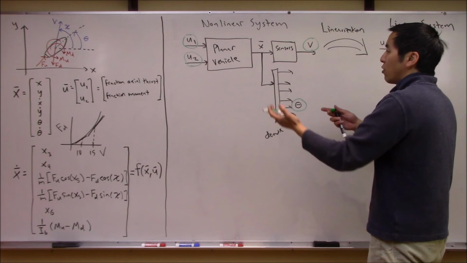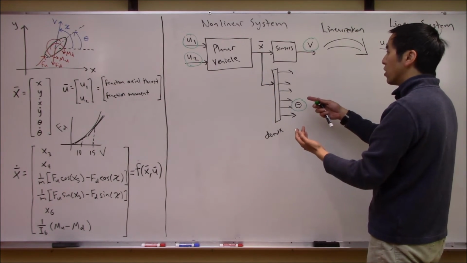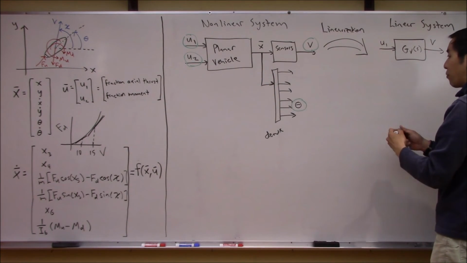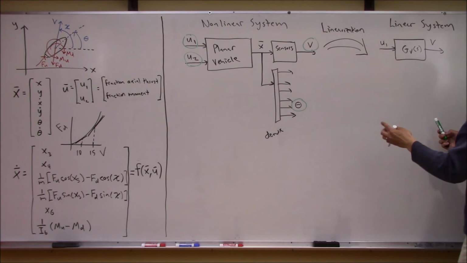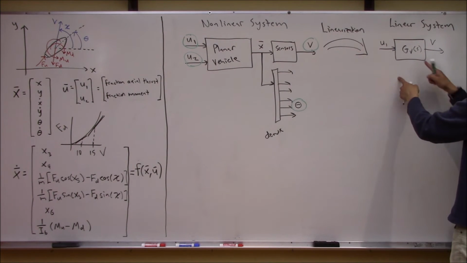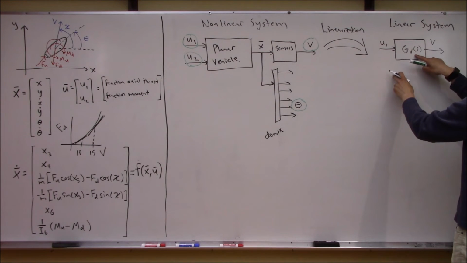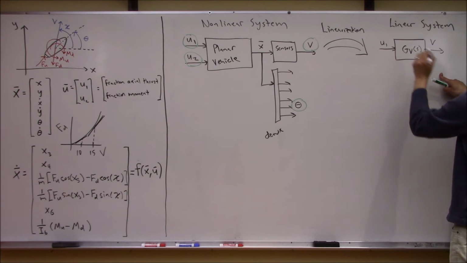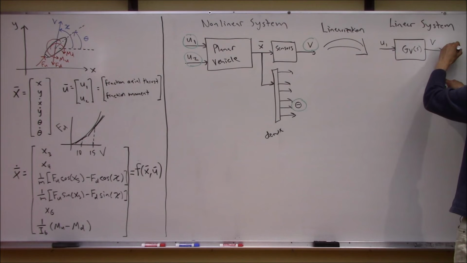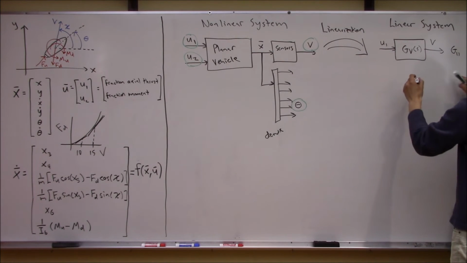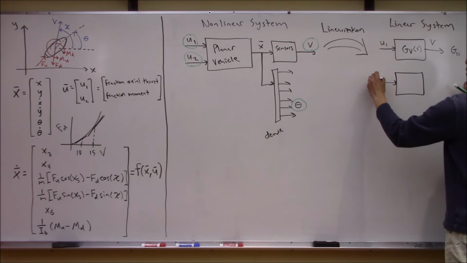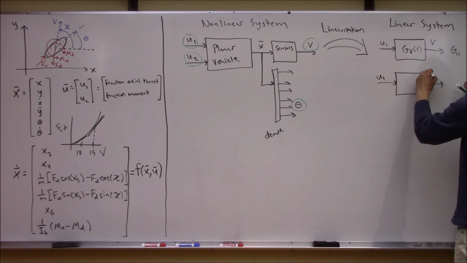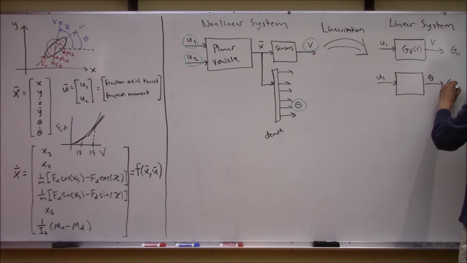So now in this case, we've got 2 inputs and 2 outputs. So for the linear system, I would expect to obtain either a single state space representation or 4 transfer functions. This would be like a G11. And then we could also ask, what is the transfer function between U1 and theta? This would be something like a G12.